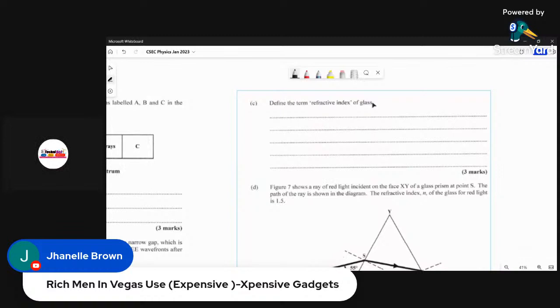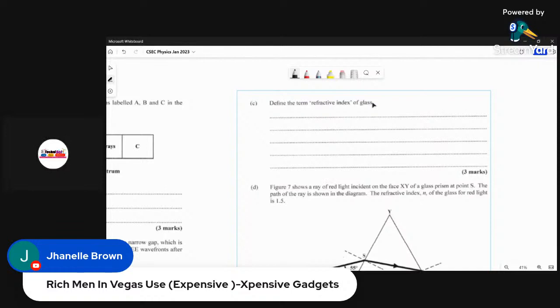All right? Now, refractive index, as we may know, or I'm going to remind you now, is the ratio that tells how the speed of the wave will be affected as it goes from one medium to another. All right?